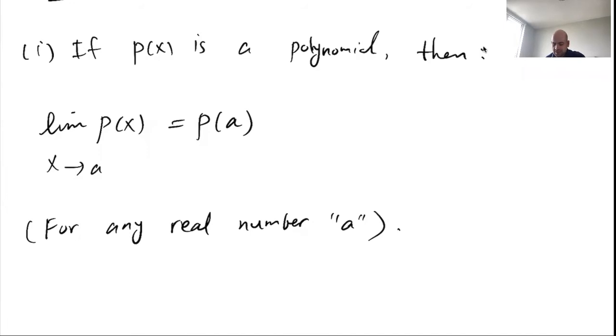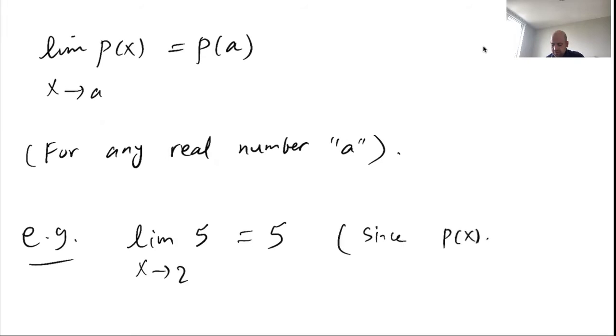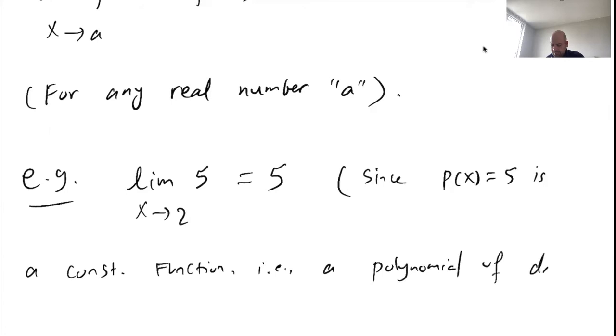So for example, let's say you want to find the limit of 5 as X approaches 2. This is equal to 5, right? Since P of X equals 5 is a constant function, i.e. a polynomial of degree 0.